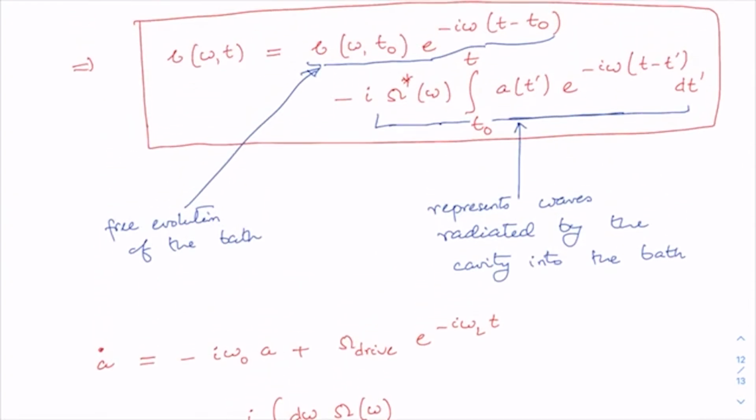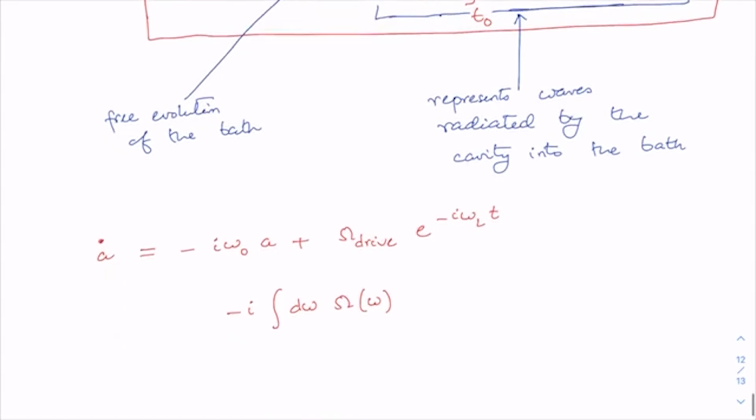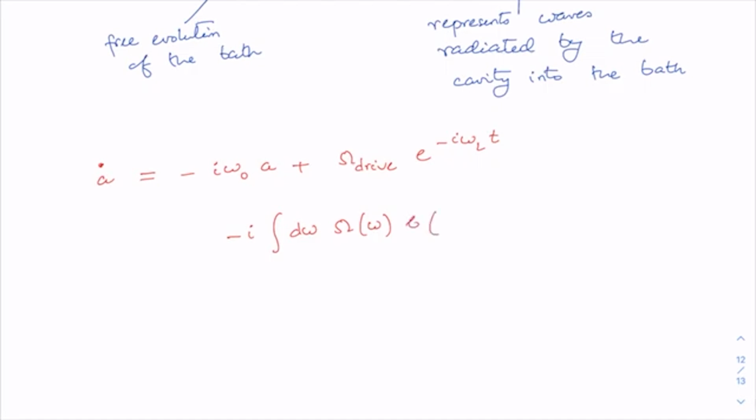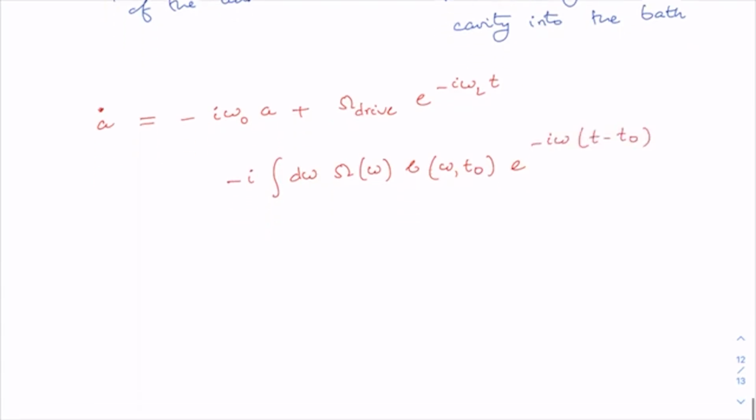Because I have two terms, I will get two terms. Let me just write it one by one. The first term I will have is b of omega t0 e to the power minus i omega (t minus t0), and the second one is going to give me d omega mod of capital omega of omega whole square integration t0 to t a of t dash e to the power minus i omega (t minus t dash) dt dash.